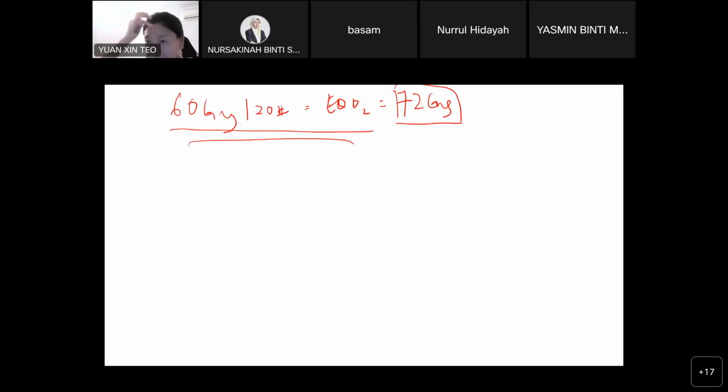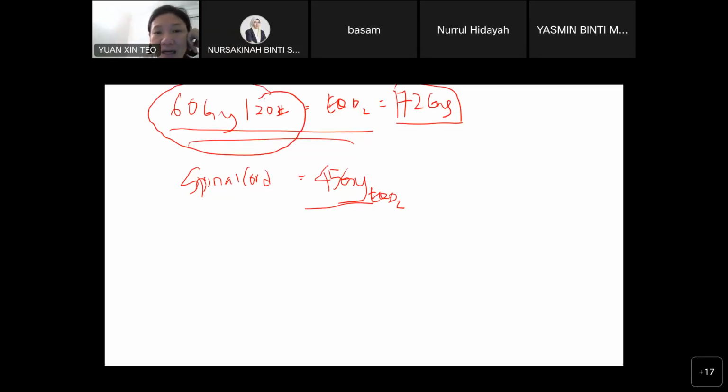So how can we apply this? Let's say for the spinal cord, the maximum dose received is 45 gray EQD2. So in this 60 gray prescription, how much maximum can the spinal cord receive? You can start to calculate now.